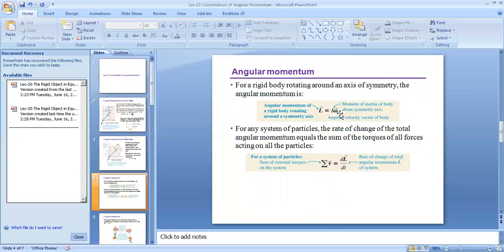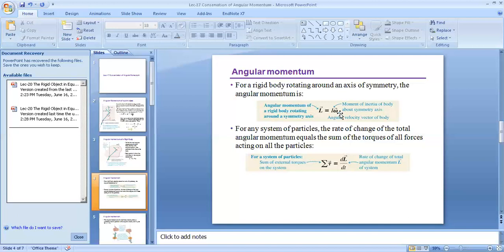Here I is the moment of inertia of the body about the symmetry axis. The axis of rotation is the symmetry axis. If the axis of rotation is not a symmetry axis, meaning it is not passing through the center of mass of the rigid body, then we will have to apply the parallel axis theorem to calculate the angular momentum of the rigid body, and there will be two terms.